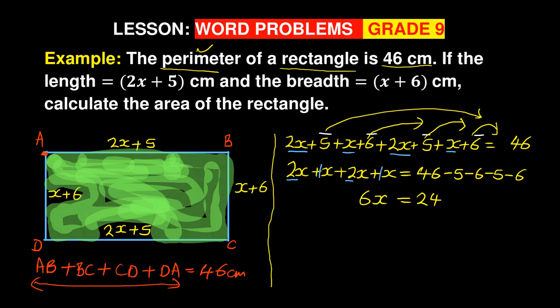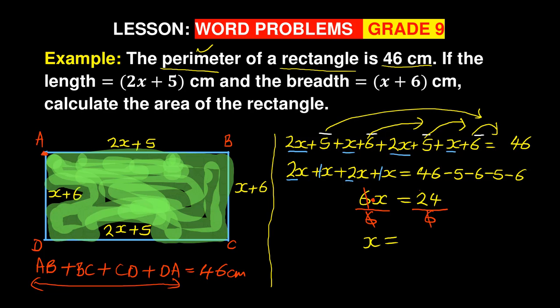Now remember, in between 6 and x is a multiplication sign, which is represented by that dot. So for you to get rid of 6 so that you can remain with x, you have to divide both sides by what you don't need, which is that particular 6, so that you have x is equal to 24 divided by 6.